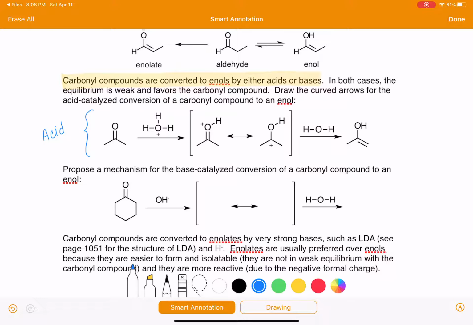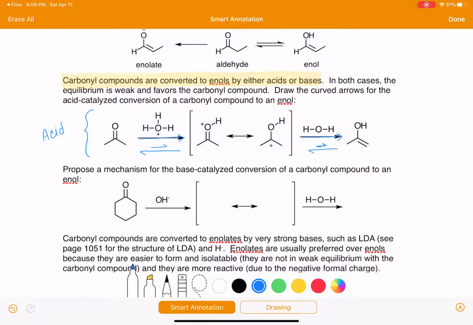I have drawn the reaction as having forward arrows. However, this is actually an equilibrium reaction that really does not want to happen. So it's strongly favoring the ketone or the aldehyde, and we have to do things with Le Chatelier's principle to encourage the reaction to take place.